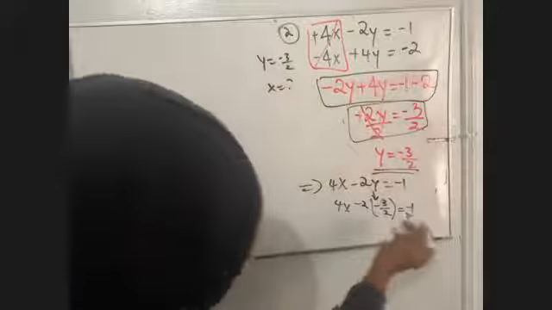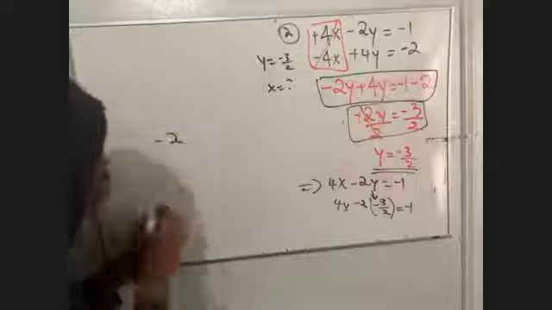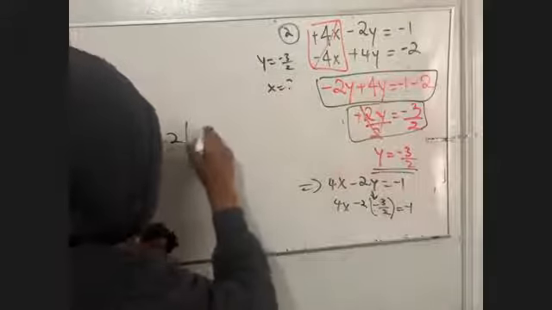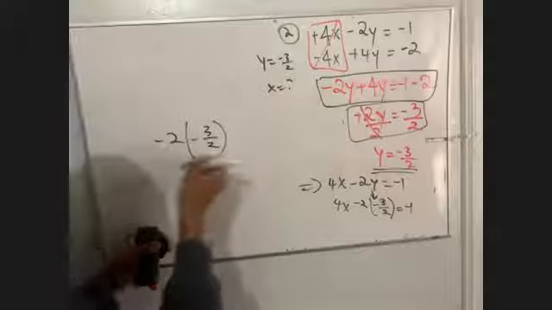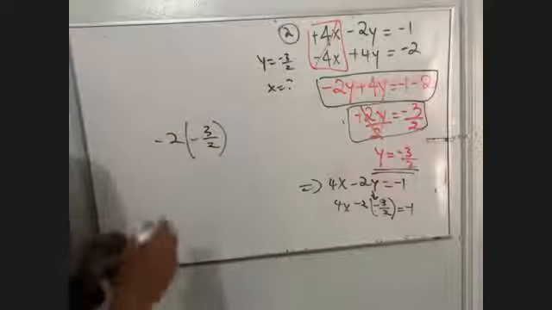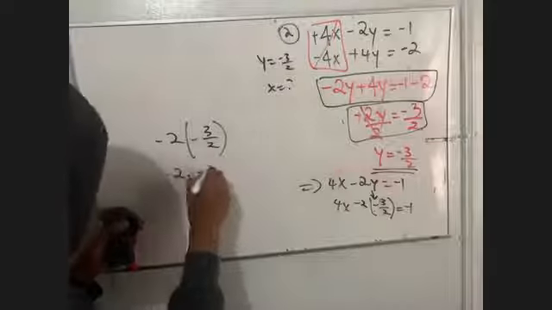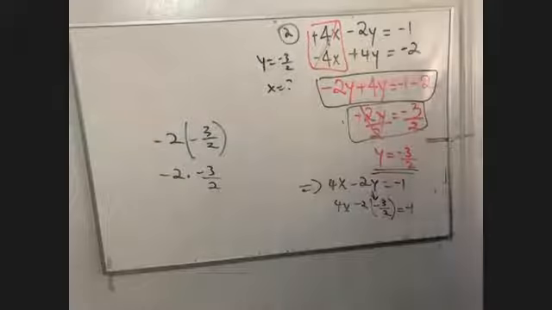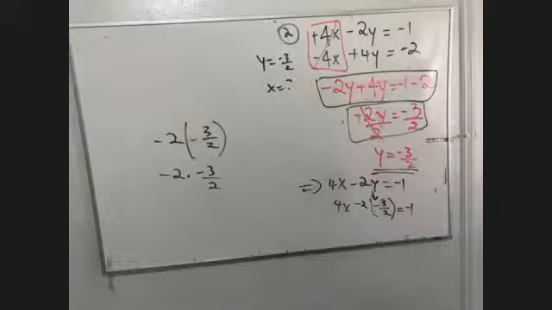Sometimes if the equation is looking weird, you can write it down so that you can take a very good look at it. What does it mean? That's multiplication, right? You write it this way: -2 times -3/2. Who can tell me what the answer is?